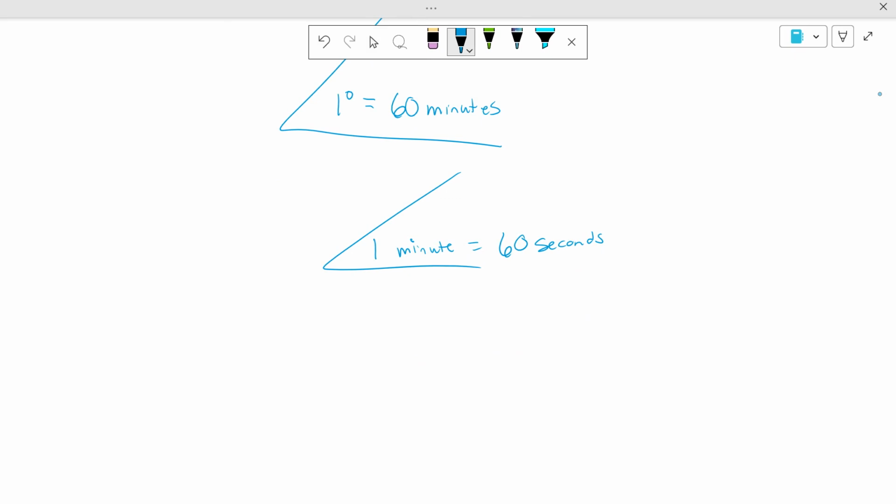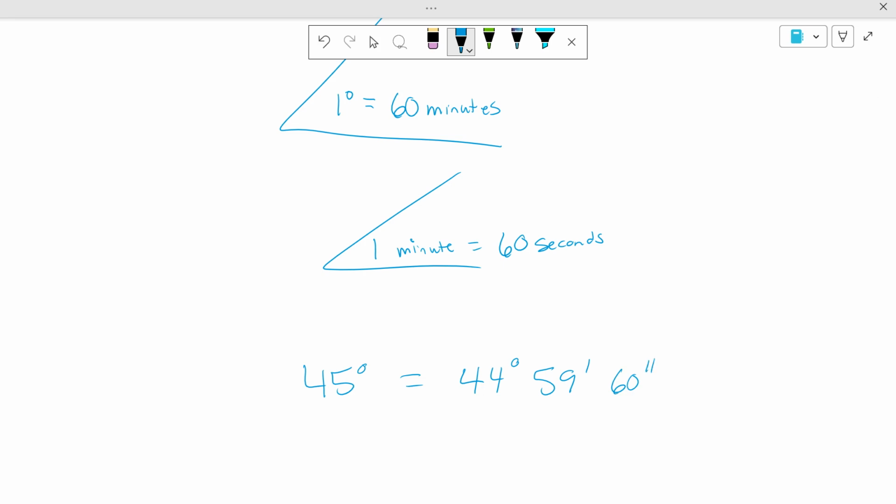So, 60 is not a good one. Like 45 degrees is the same as 44 degrees, 59 minutes and 60 seconds.